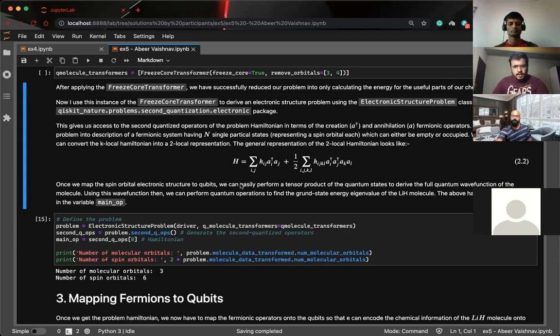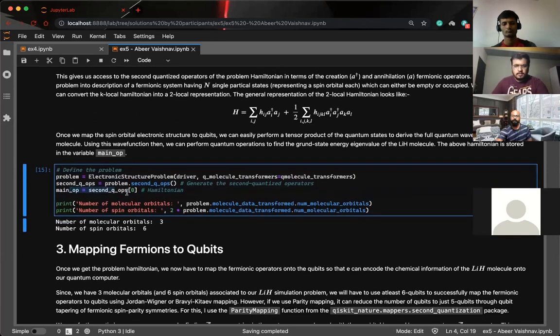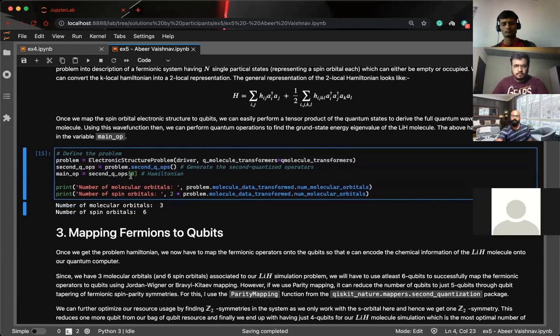Okay, and we do that by calling these three lines of code. We define an electronic structure problem, and we pass in the Freeze-Core transformer here. Okay, and we get the second quantized operators for the Hamiltonian, and finally we get the Hamiltonian itself, from the first parameter of these second quantized operators.